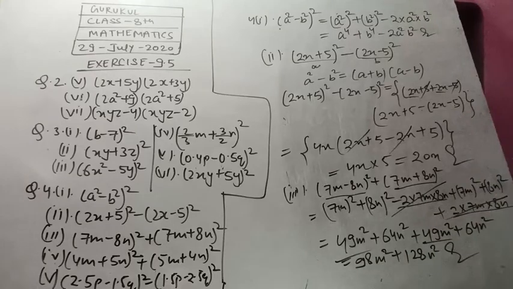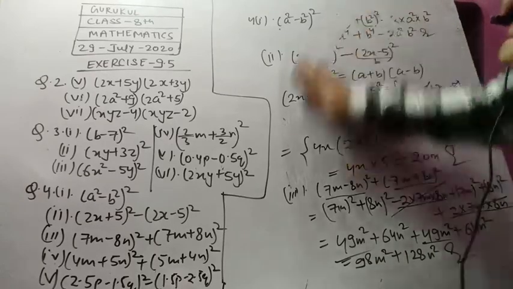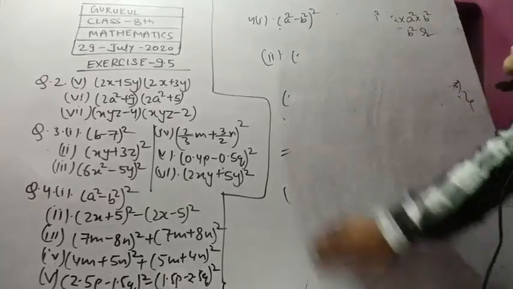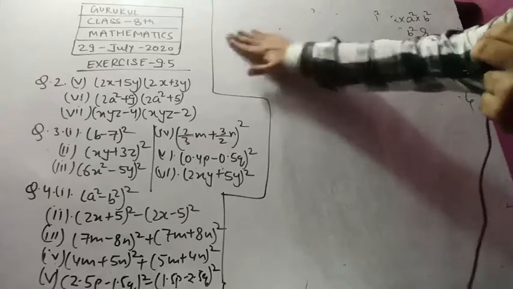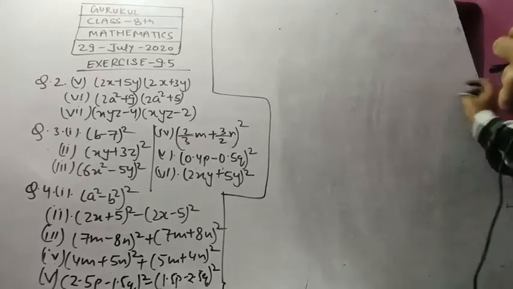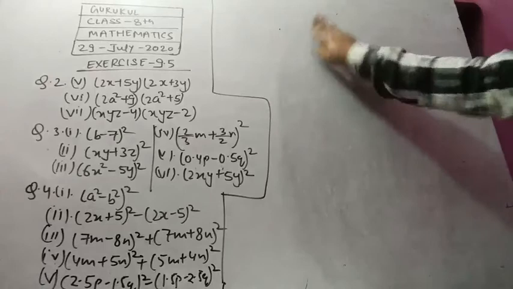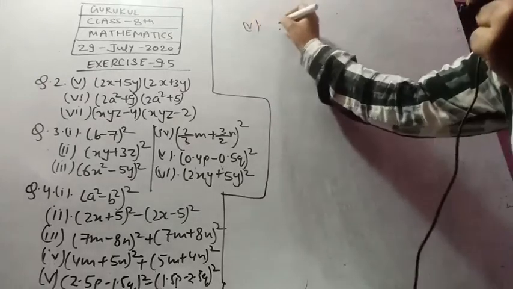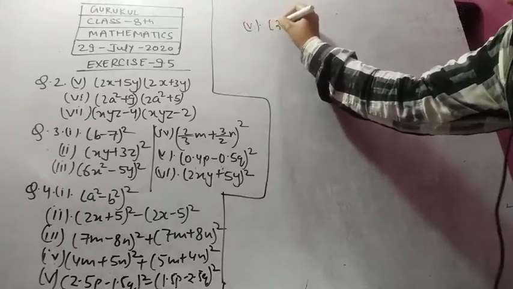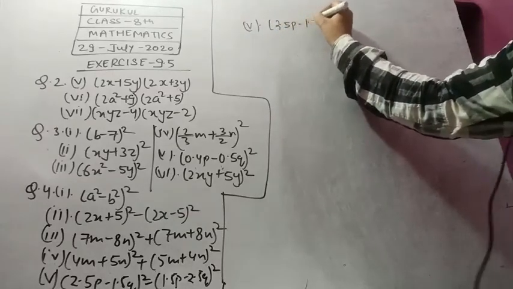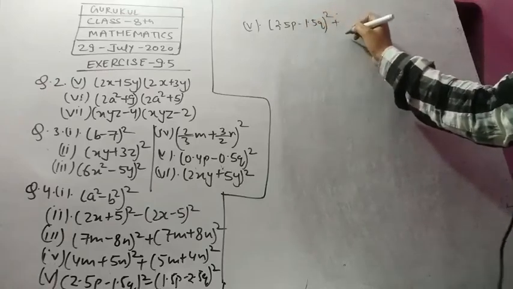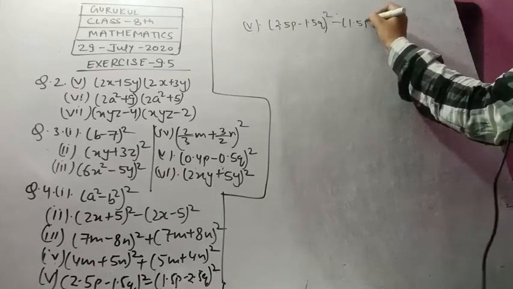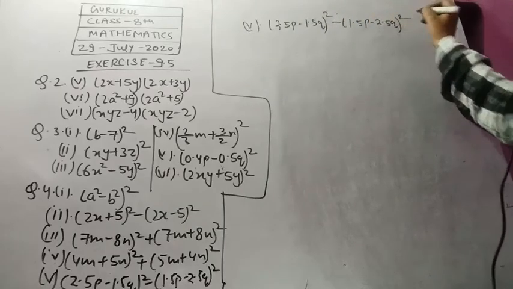Now students, let us solve the fifth part and sixth part as well of this question. Fifth part is (2.5p − 1.5q)² + (−1.5p − 2.5q)².